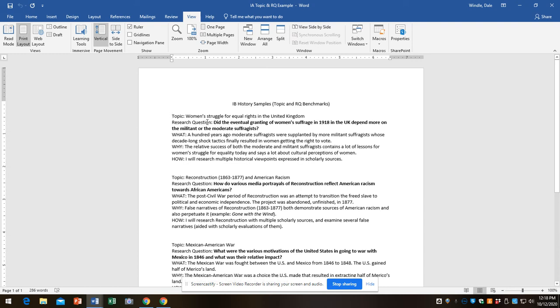It may change over time. Did the eventual granting of women's suffrage in 1918 in the UK depend more on the militant or the moderate suffragists? What is it? Why is it a thing? And how are you going to do this? I will research multiple historical viewpoints expressed in scholarly sources. That's a good go-to. So that's it.